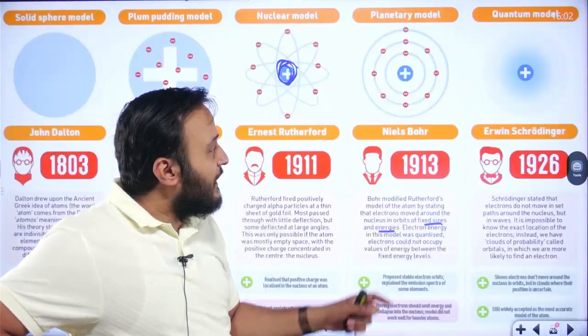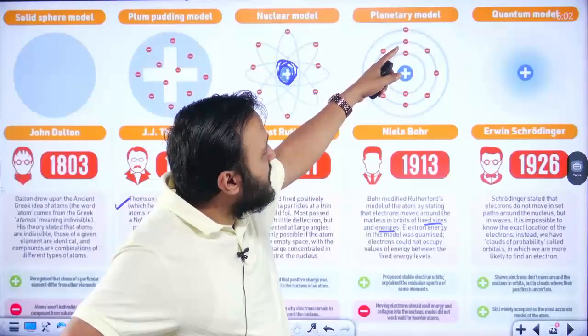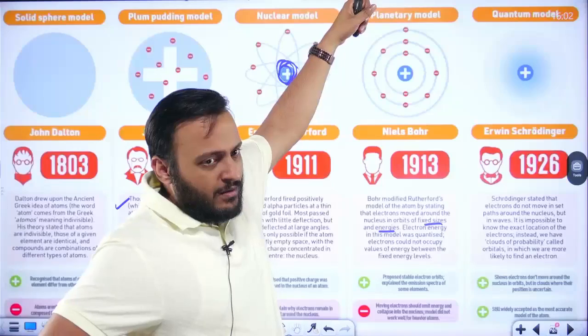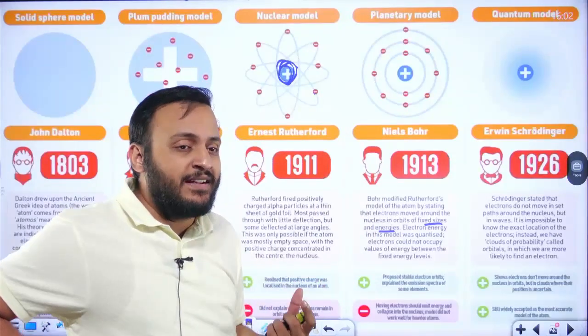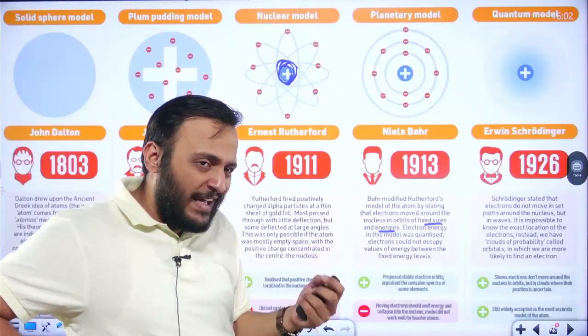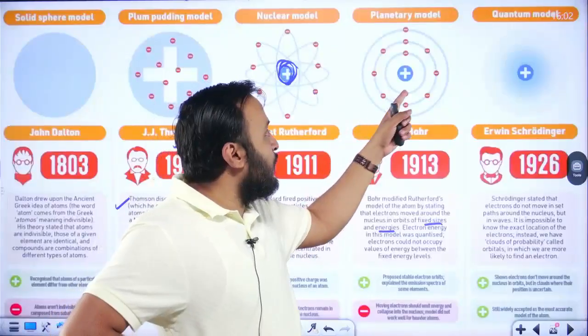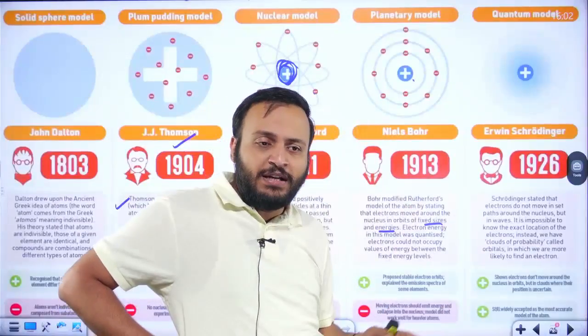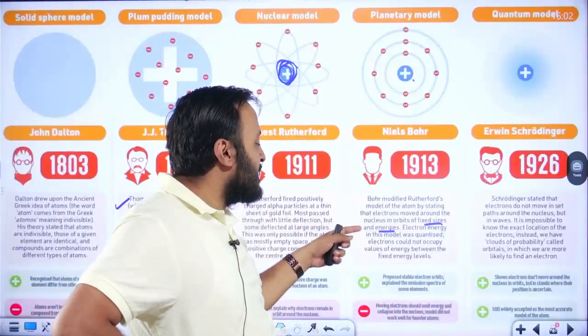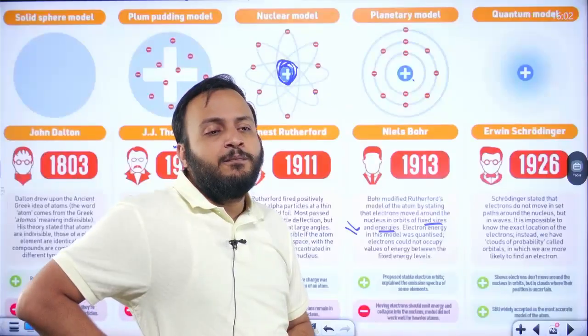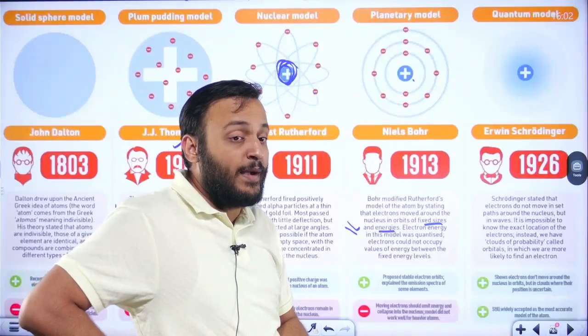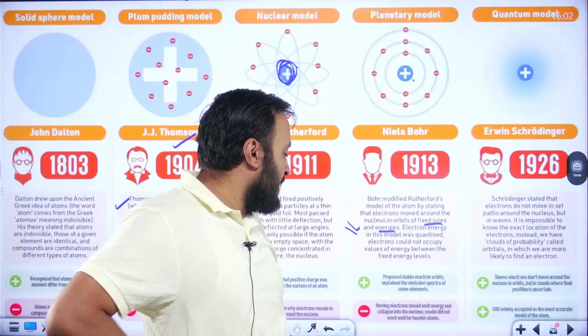If any electron is going to an outer orbit, it means it is gaining energy. As it loses energy, it will move closer to the positive nucleus. So guys, this was Bohr's atomic model, which was quite popular for many years.